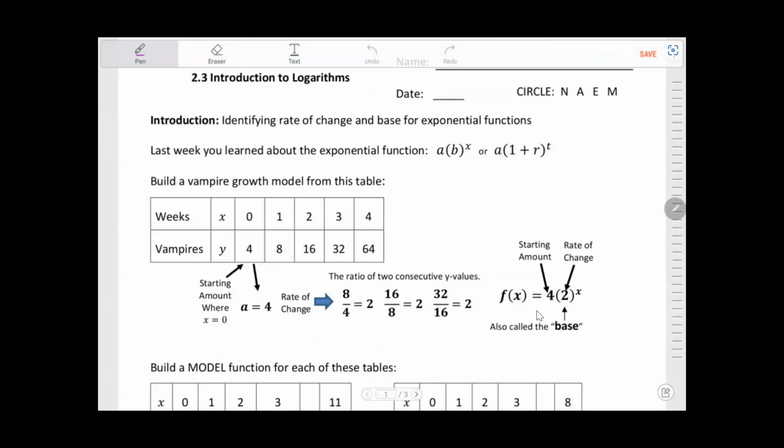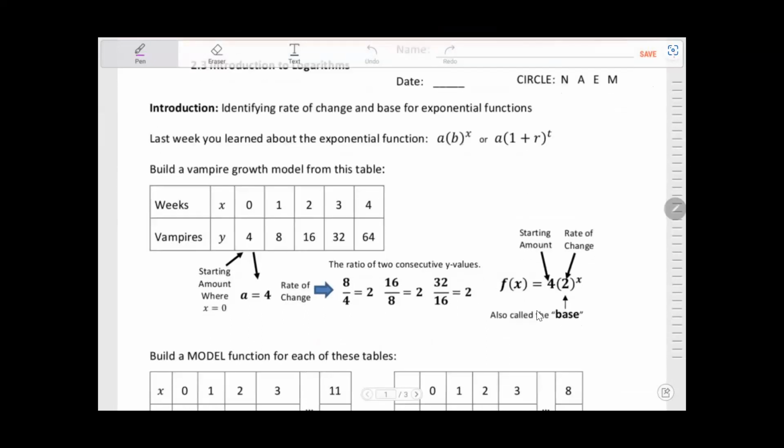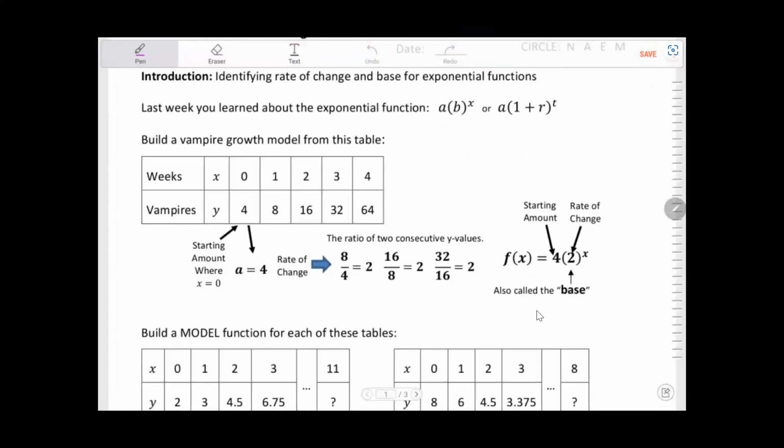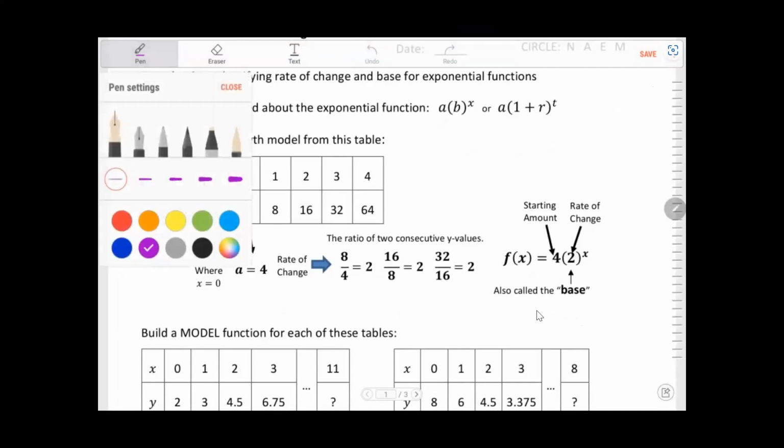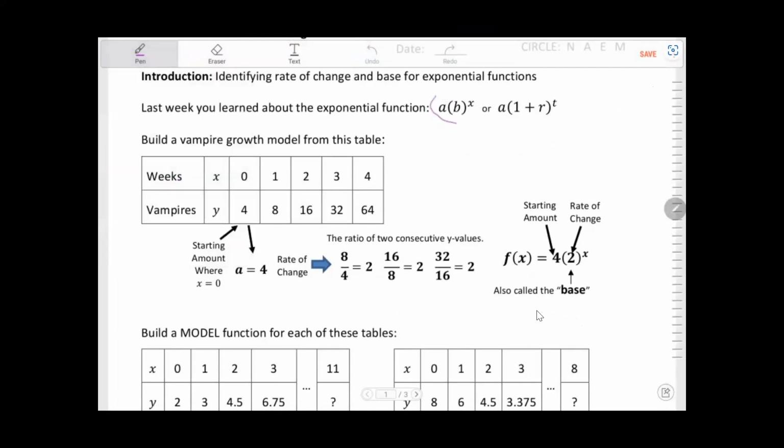All right, so to start with, we have a quick review of where we've been so far. We had these two forms of exponential functions that we used, and we had a starting value. If we remember our vampire over here, we started with 4 vampires.